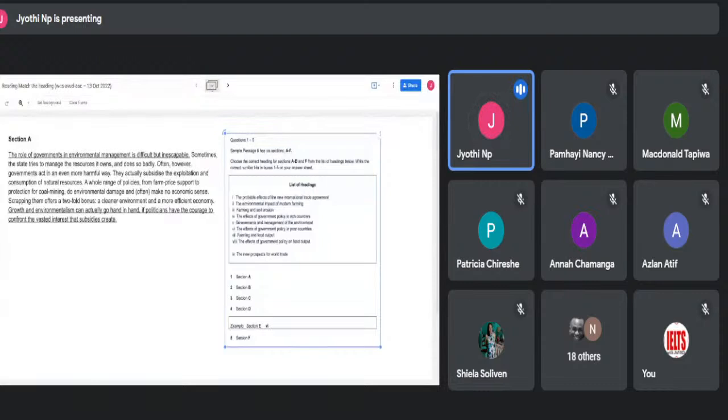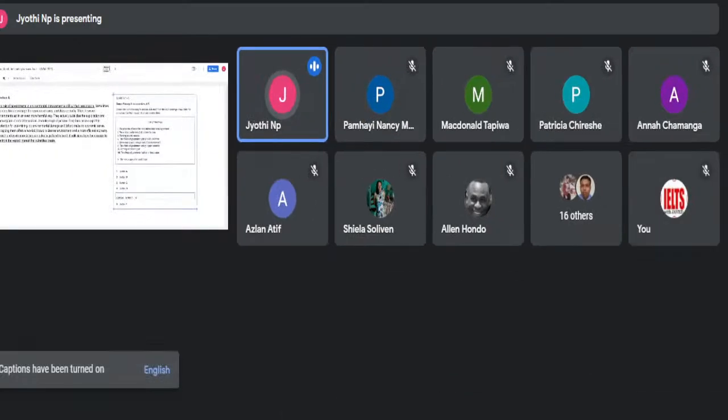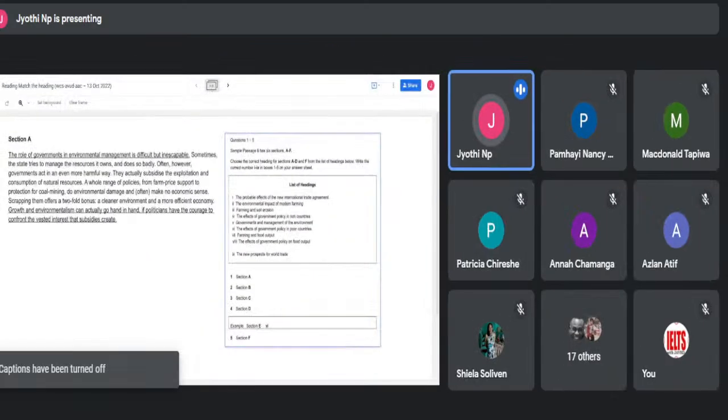Now, the last sentence is giving the summary: environmentalism can actually go hand in hand if politicians have the courage to confront the vested interests that subsidies create. So what are the keywords here? Here are government and management, right?